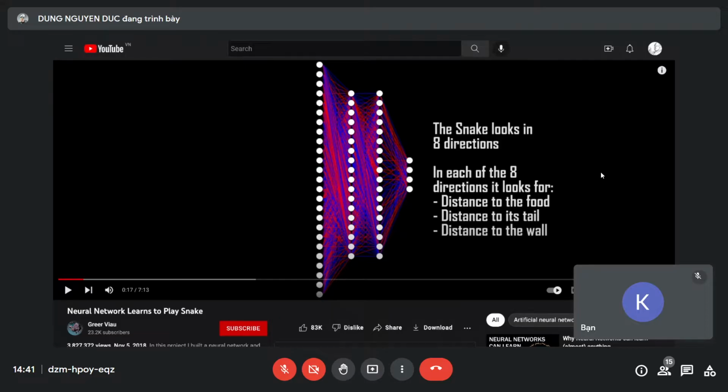And then what you see is that for each direction, you may have the distance to the food, the distance to the tail, and the distance to the wall. So those three pieces of information you may want to know at each direction. The direction is fixed, and now you have to specify the distance. That's the feature you feed into the network. So 8 by 3 will be 24 values. And then the snake will make decisions.